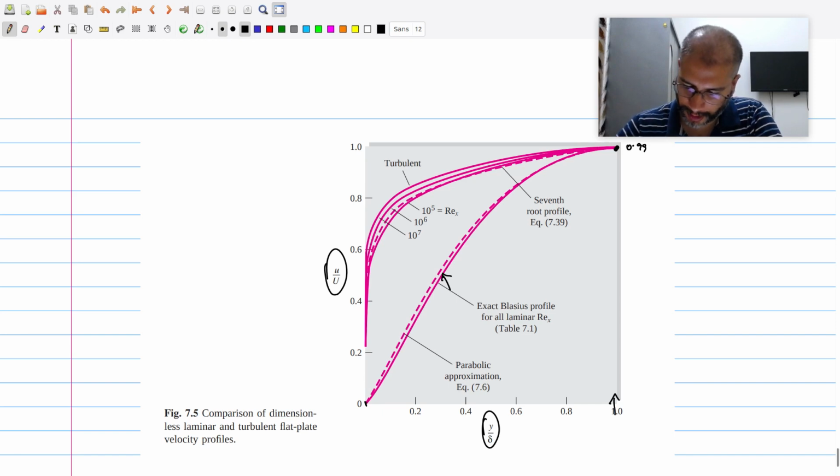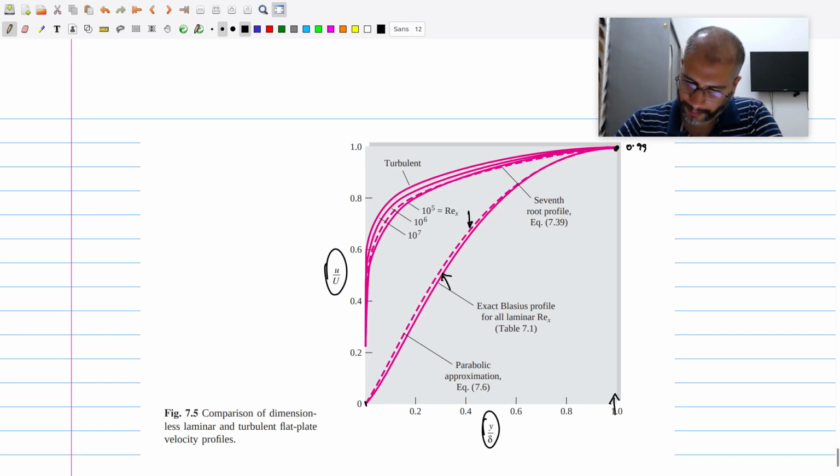So it goes like this, and this dashed line shown just above it is from the parabolic approximation of Karman, and we can see that they are very close. That tells us that Karman's assumption of a parabolic profile inside the laminar boundary layer was quite accurate.